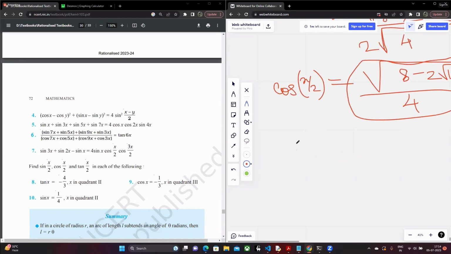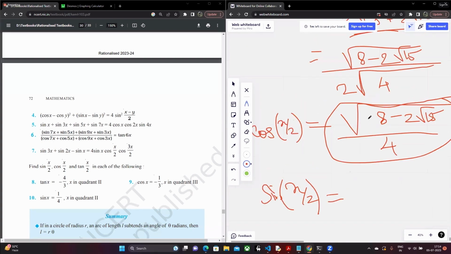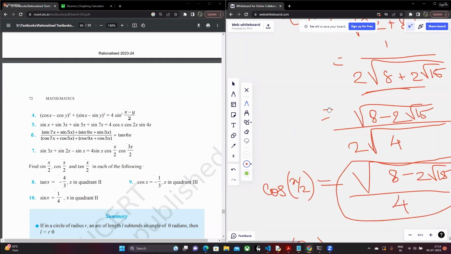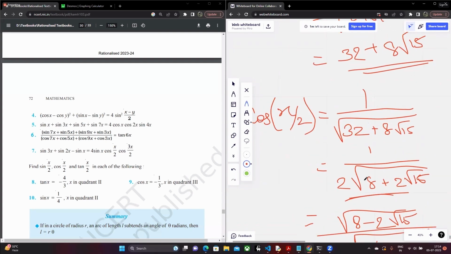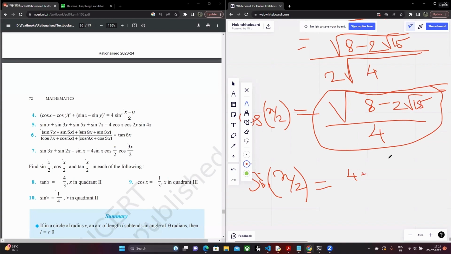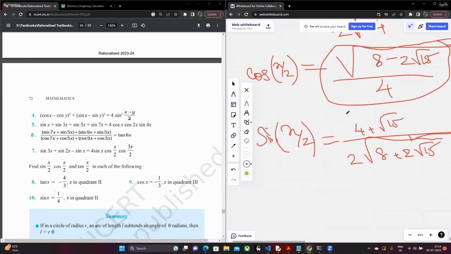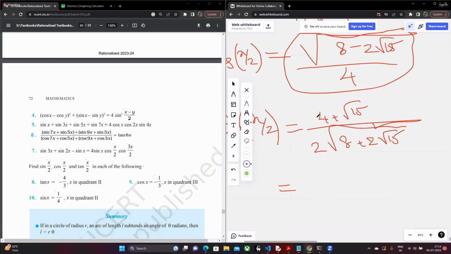Right? That is going to be the value of cos of x by 2. Therefore, sine of x by 2 is going to be equal to this whole thing into tan x by 2, right? So this is going to be 4 plus root 15 divided by 2 root of 8 plus 2 root 15, right? If I have to cut this off, I'll just multiply this by 2 and this by 2.